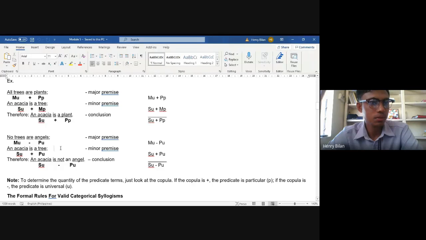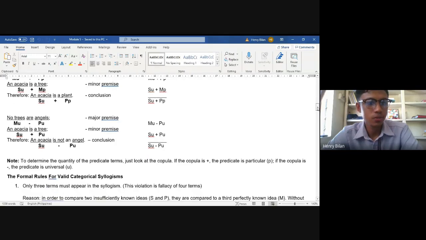So another example. No trees are angels. An acacia is a tree. Bakit parang naulit? Hindi. No trees are angels. An acacia is a tree. Therefore, an acacia is not an angel. So again, let us locate the terms. Our major term, angel. Our minor term, acacia.